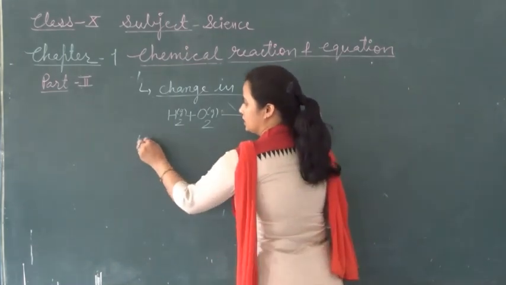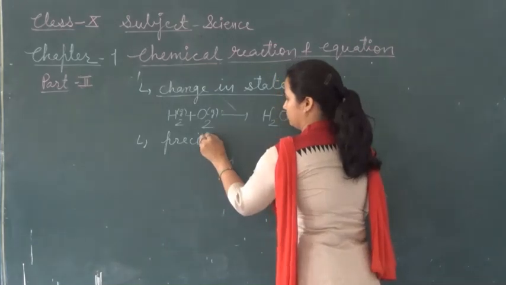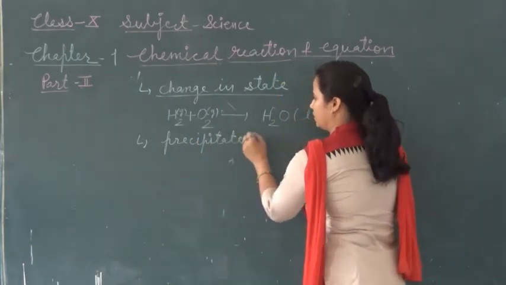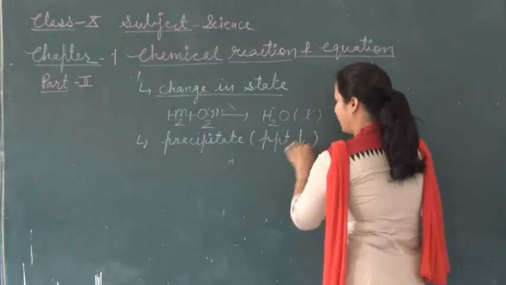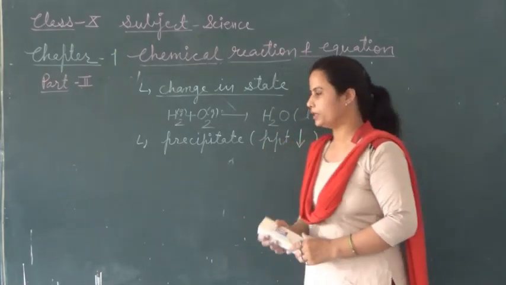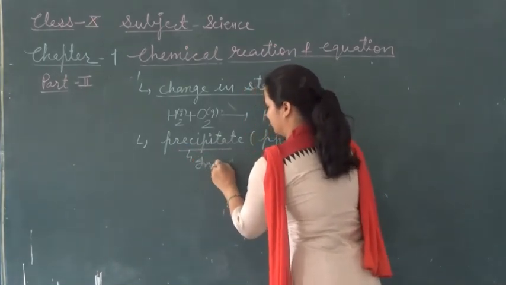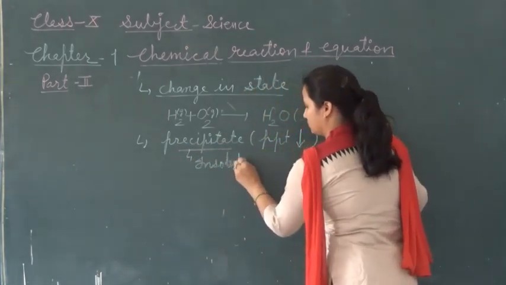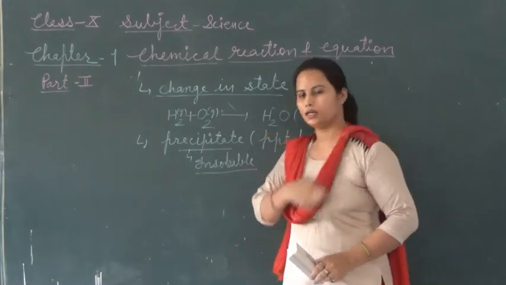Another one is that it forms a precipitate. We write like this: PPT is called precipitate, by a downward arrow. Precipitate is an insoluble substance which is formed during a chemical reaction.